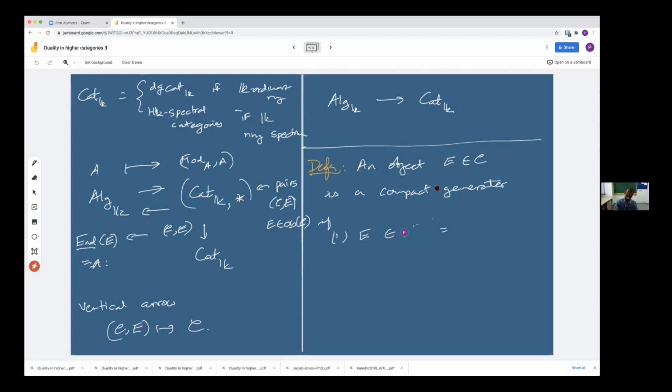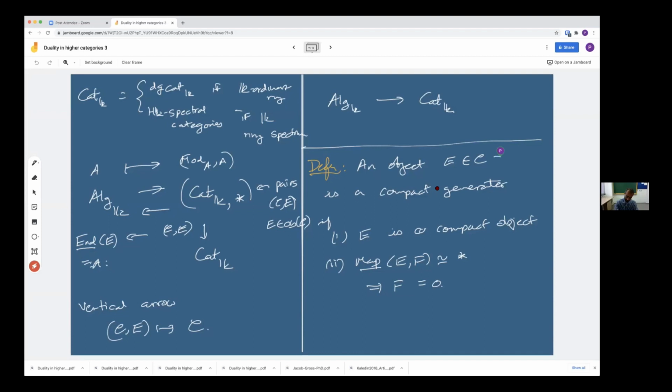E is small or compact, same thing. And two, if the mapping space from E to something else F is contractible, then F is a zero object. Oh, sorry, F is a zero object. I'm sorry. Thank you. Okay, so here I'm in a triangulated DG category.